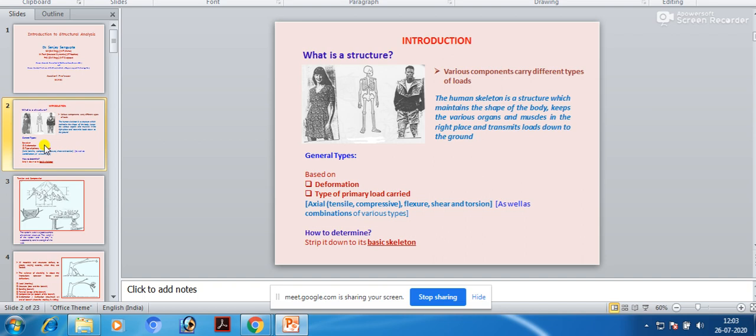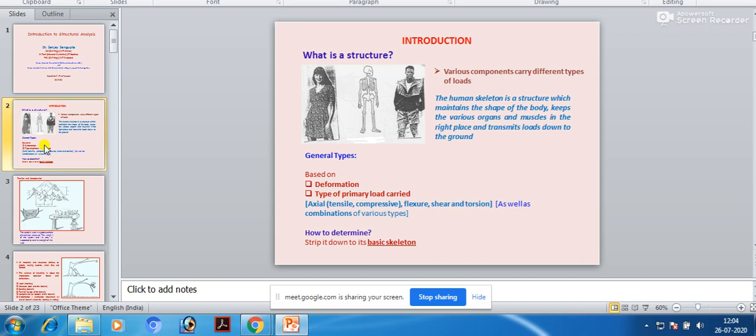You should understand this very well. If we think about our human skeleton, it is basically a structure. The human skeleton is a structure which maintains the shape of the body. Different parts of our body, various organs, muscles, whatever it may be, are kept in the right place, and the load of those things is transmitted down to the ground through the help of the skeleton.